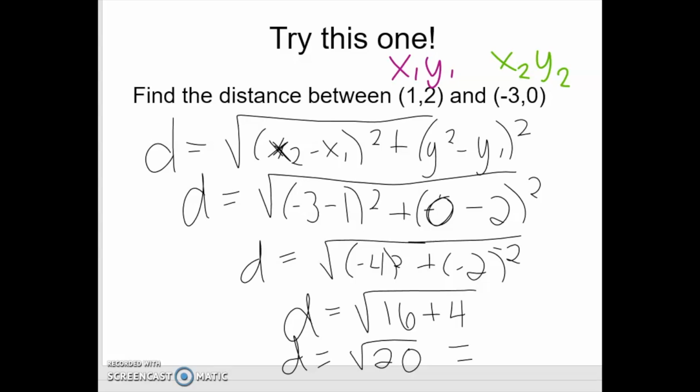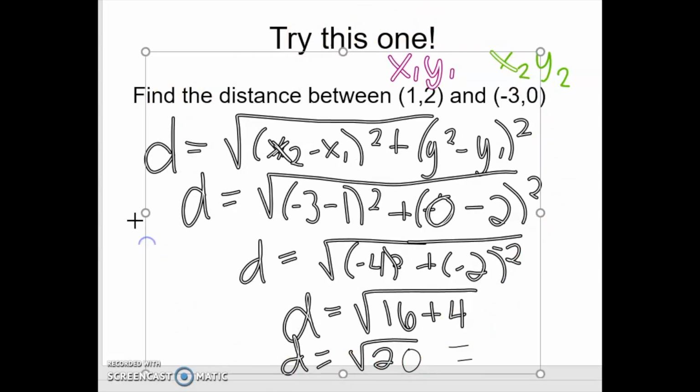We don't have to get an exact answer because it's an irrational number. You'd be allowed to just use that square root button on your calculators. When you get to algebra, you're going to learn how to rationalize that, which is a lot of fun. But for now, it's okay to just use that square root button, and we're going to end up with about 4.2 or 4.3. I don't have a calculator with me right now. Okay, so that would be the distance formula.